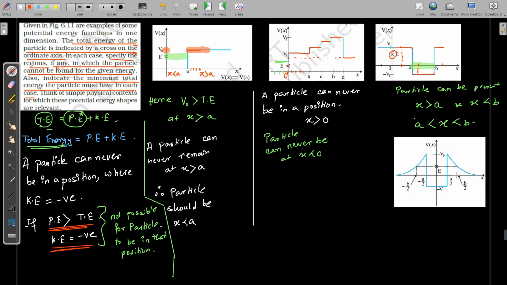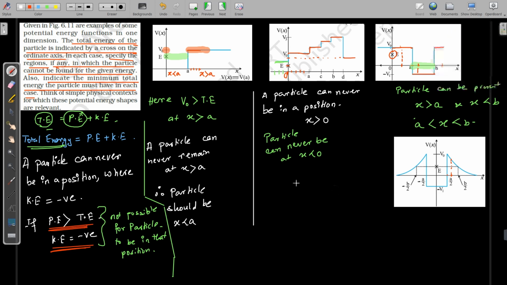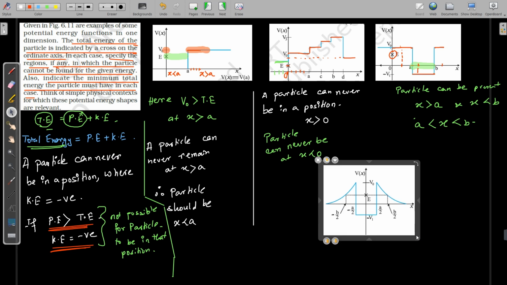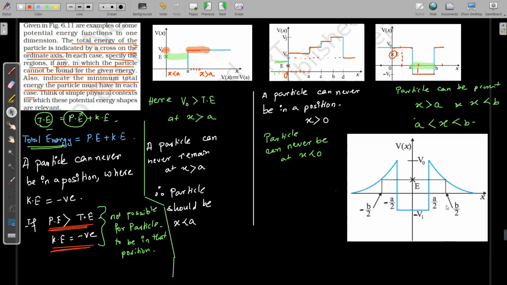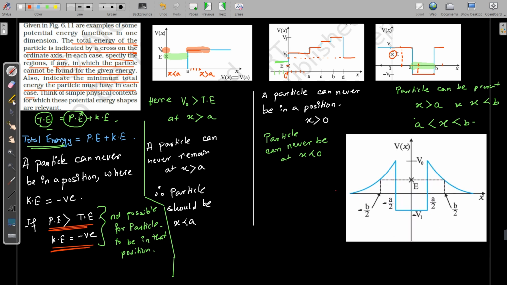Last one, you check here. At this position, x greater than a by 2, is the potential energy greater than total energy? Not possible. We have to be very clear. Just see, if I make this diagram a bit bigger, we have to understand this portion.